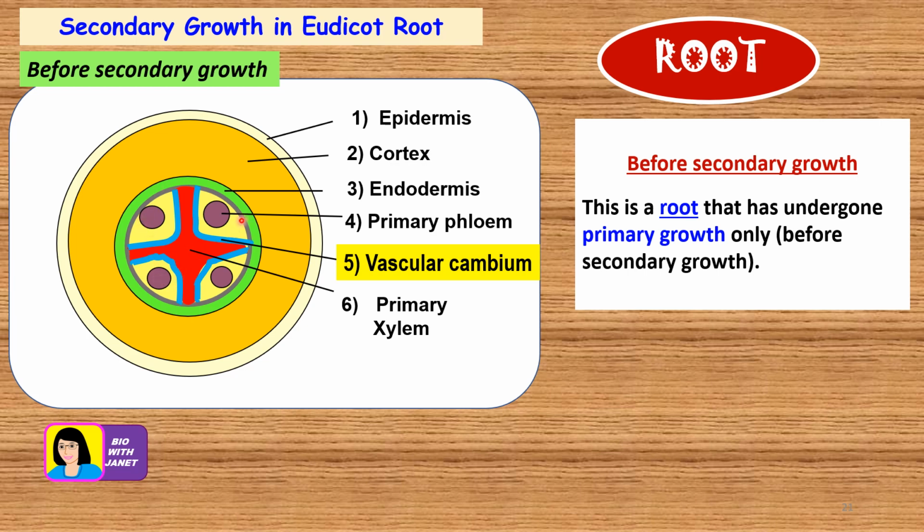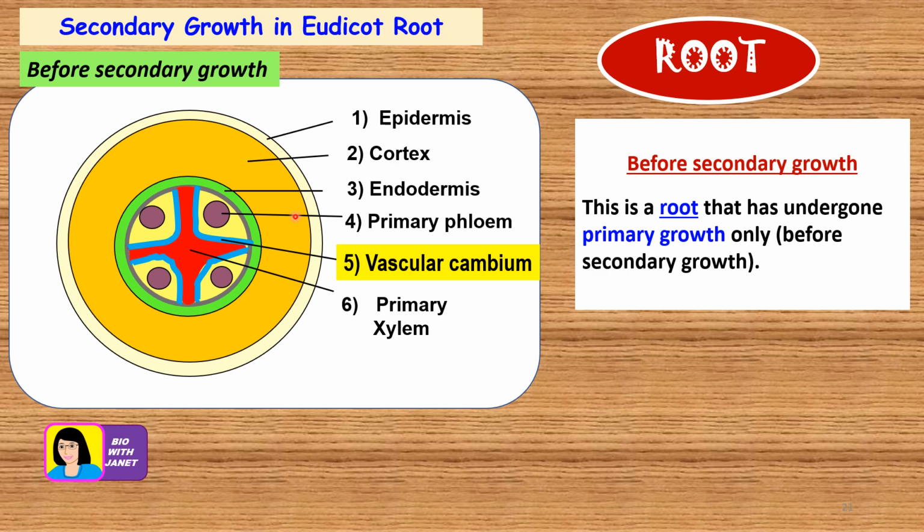And then we have the xylem, like a star-shaped structure in the center of the root. Now this can be seen also if you cut a carrot root, you can see this xylem in the center. All right, so I will be doing a shorts video on the carrot root later on to show you the cross section of the real carrot root.